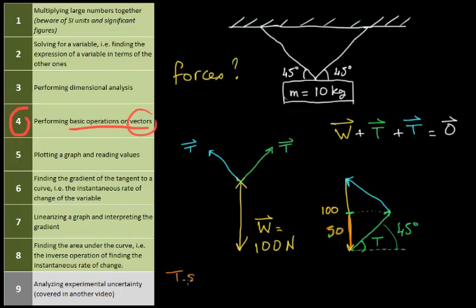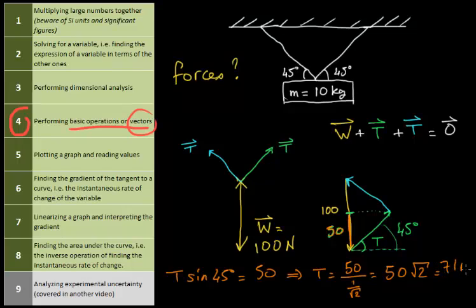Okay, so t times the sine of 45 degrees is equal to 50. Dividing by sine of 45 on both sides, I get that t is equal to 50 divided by 1 over root 2, which is the sine of 45 degrees. And I obtained that t is equal to 50 times root 2, which is approximately equal to 71 newtons.